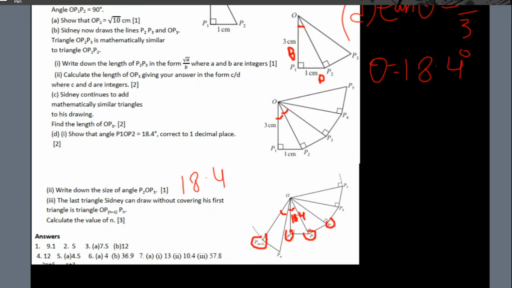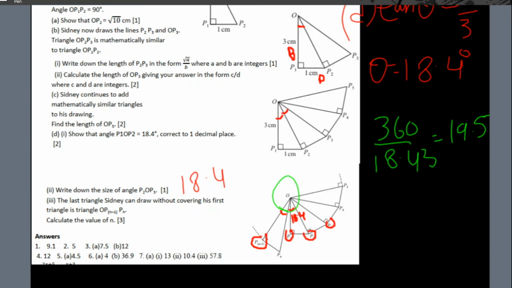What I'll do is divide 360 by it, since I know the whole circle is 360. So 360 divided by the answer in my calculator is 19.5. So I can fit 19 whole triangles here.